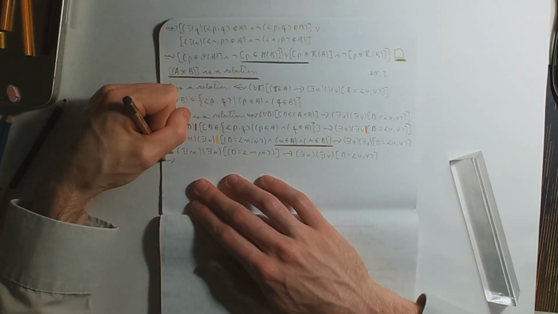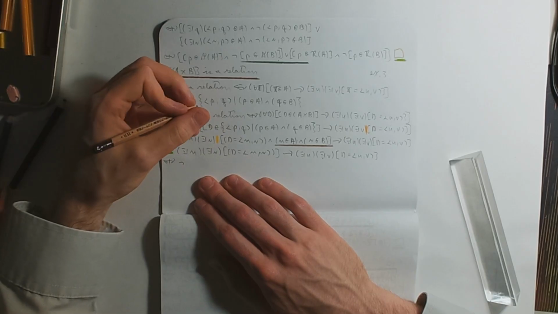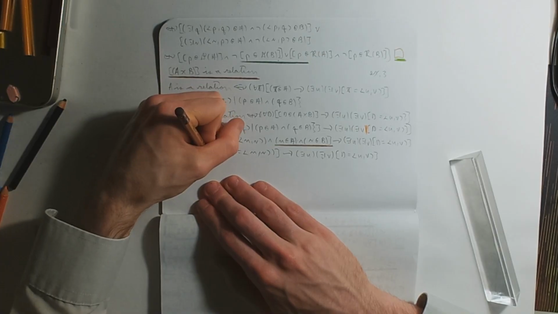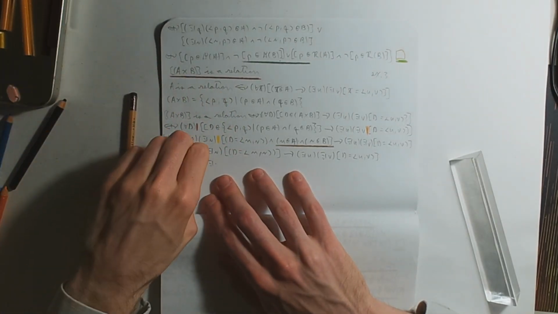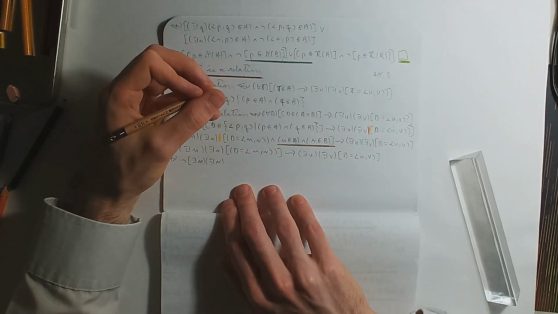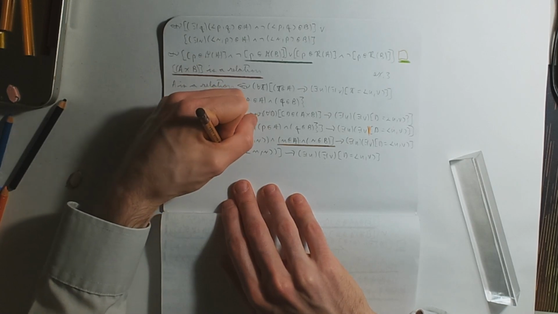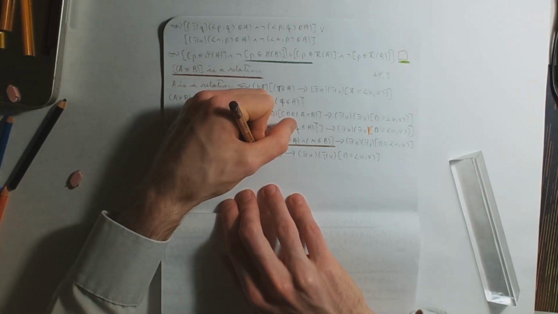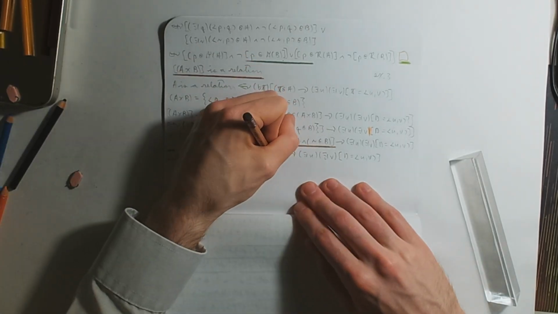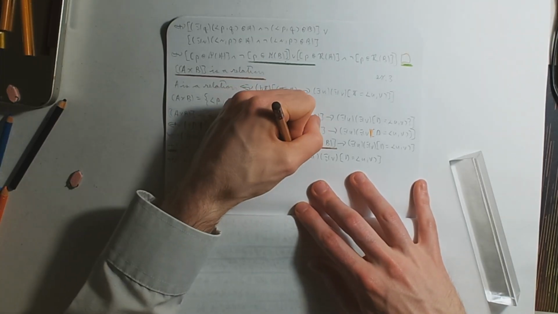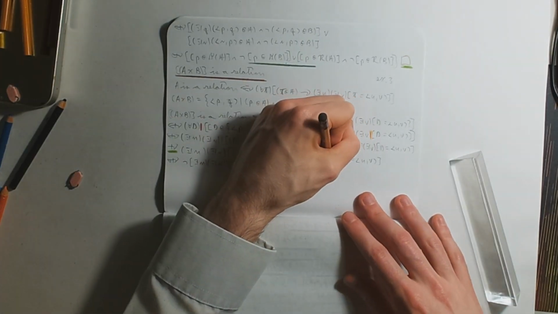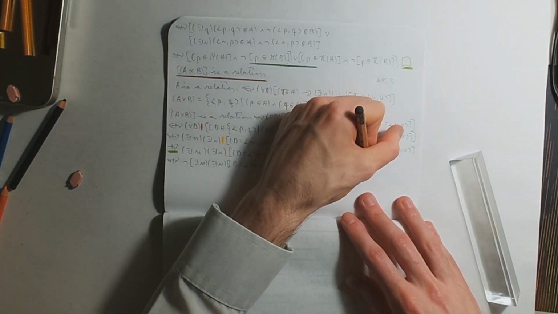Which is interderivable with the expression not: there exists a U and there exists, rather, an M and an N such that D is equal to the ordered pair MN, or there exists a U and there exists a V such that D is equal to the ordered pair UV.